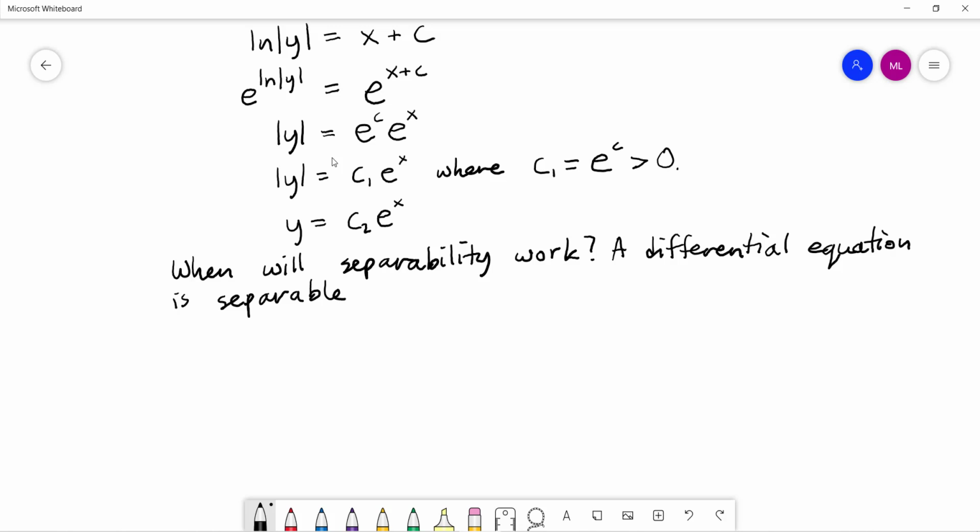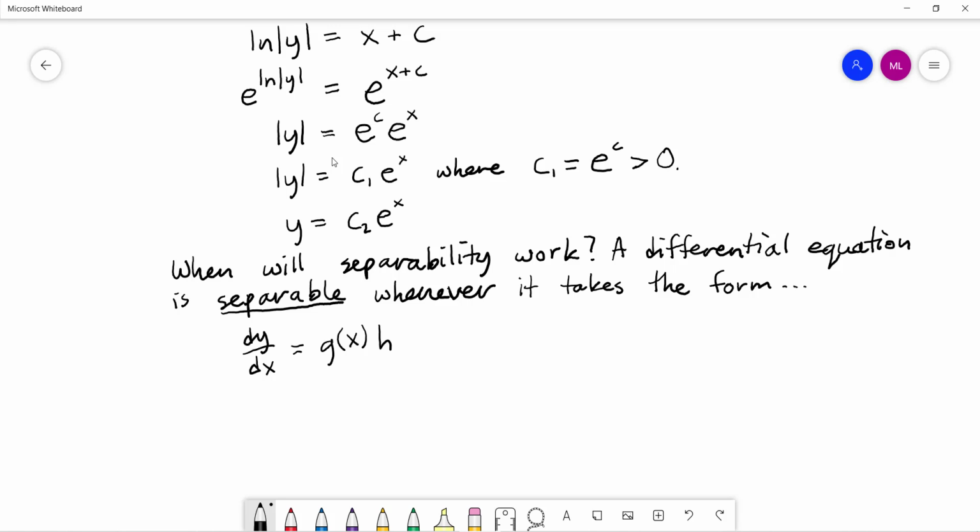It is separable whenever it takes the following form: dy/dx equals some function of x times some other function of y.